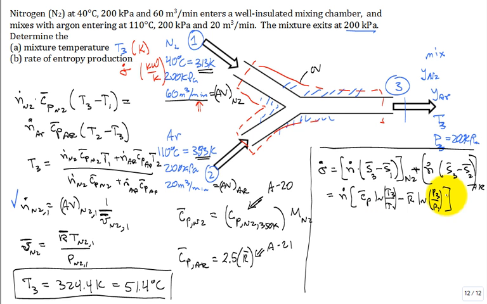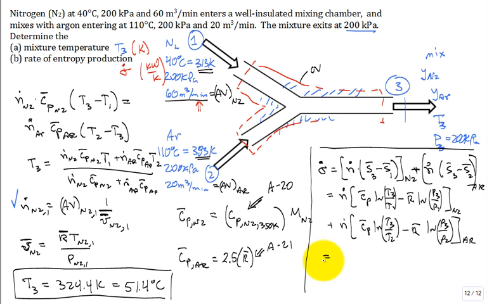Now, everything in here is for the component nitrogen. Just like we'll have the molar flow rate of the argon, C sub P bar natural log T3 over T2 minus R bar natural log P3 over P2, everything in there for the argon.